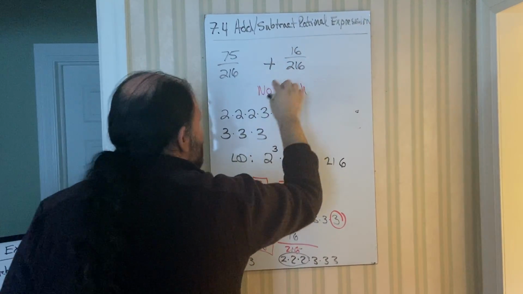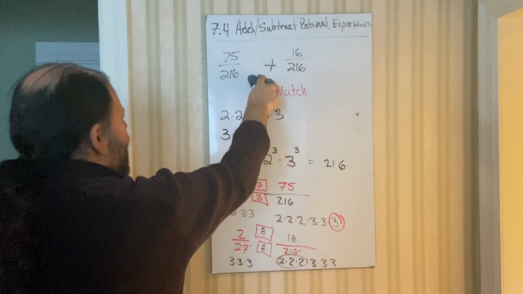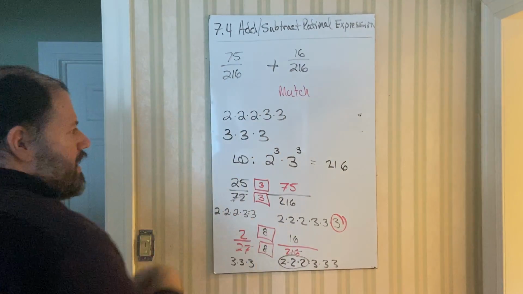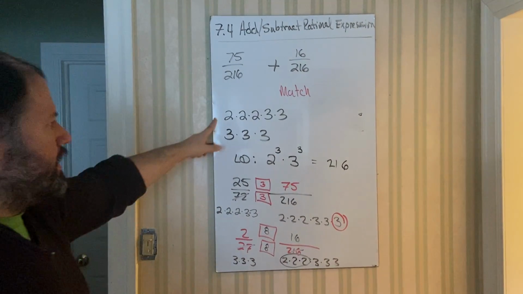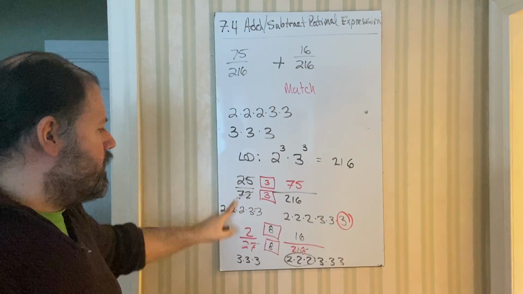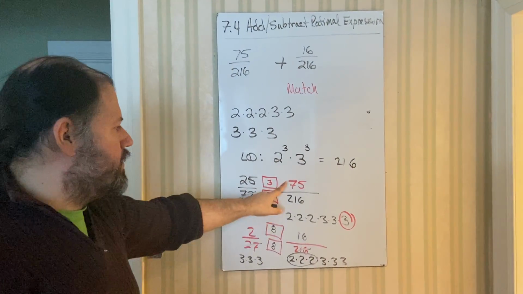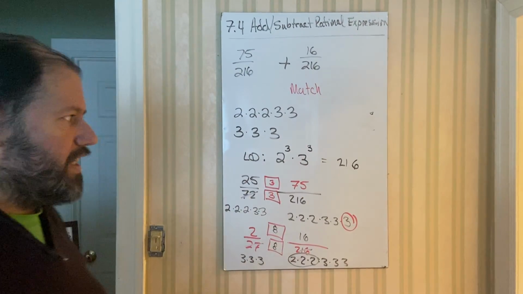When you use the equivalents, then it's no longer a no match, it's matching. That was the whole purpose of finding an LCD and raising: so that we don't use the original fractions, we use the equivalent fractions. The equivalent fractions have the matching denominator.